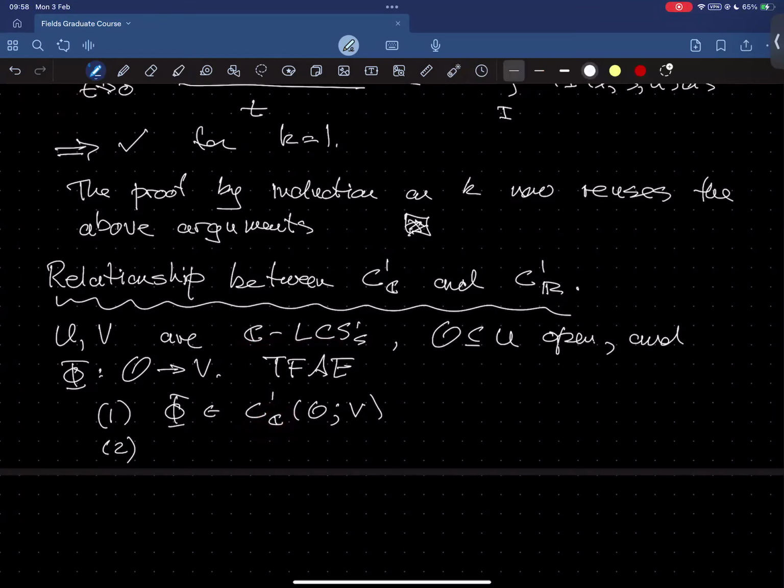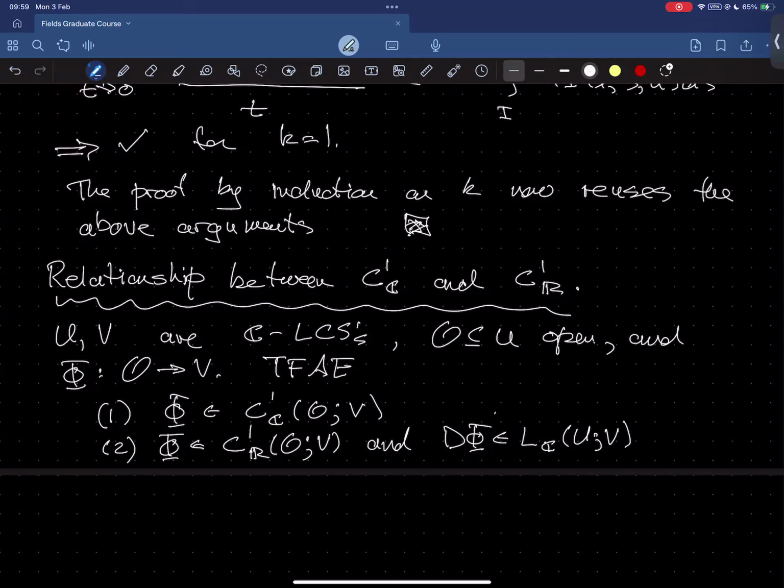All right, and then the condition to which this is equivalent is real C1, and the derivative, the first derivative, is a complex linear mapping.